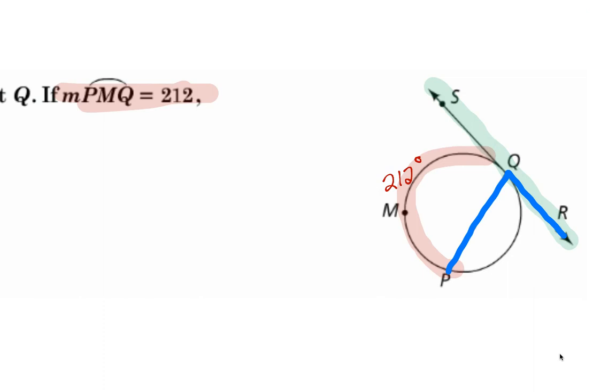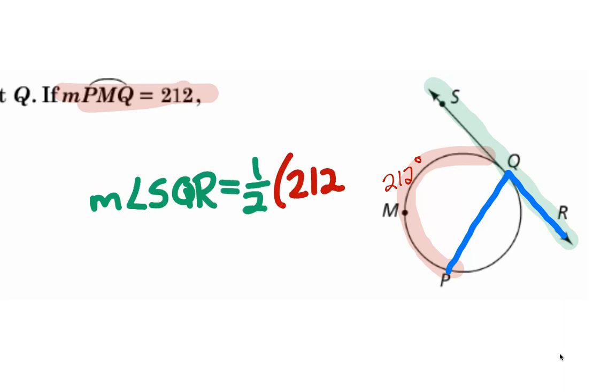So if that's 212, that means that the measure of angle SQR is 1/2 of 212. So the measure of SQR equals 106.